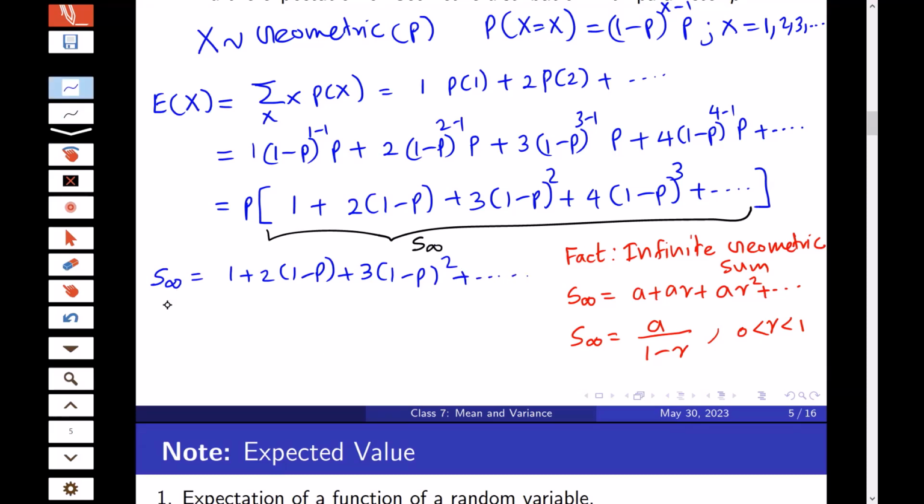I'm going to take this as my first equation.